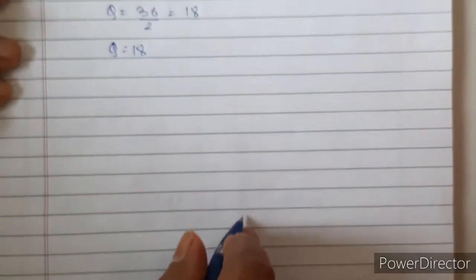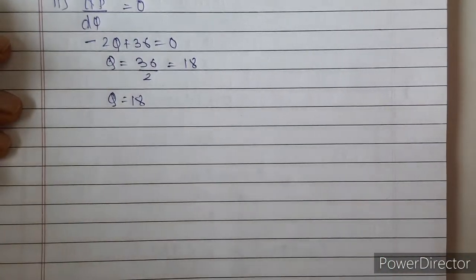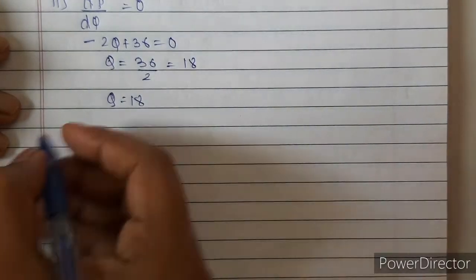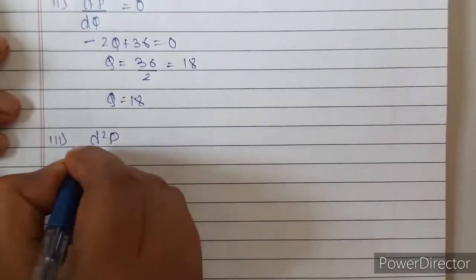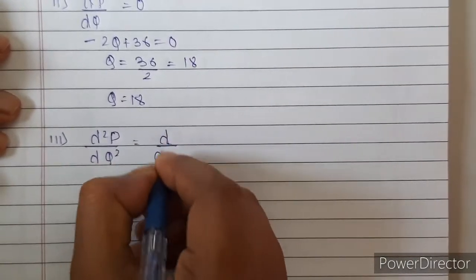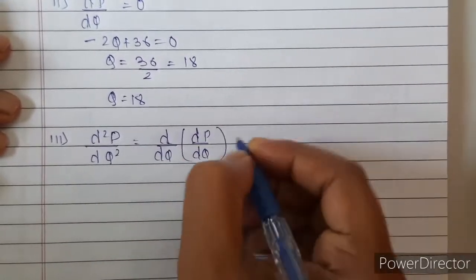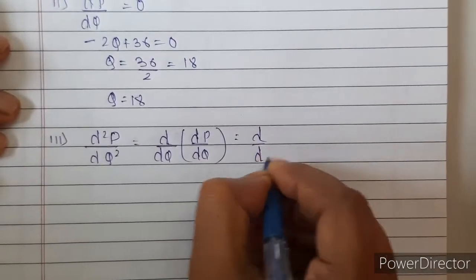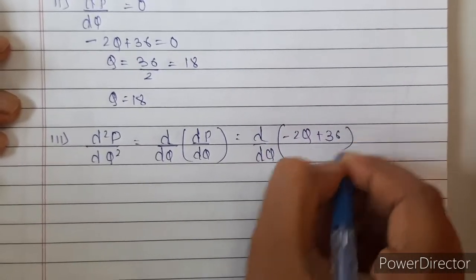Now we have to check whether we are getting maximum profit or minimum profit at this particular output. So the third step is to find the second derivative of profit with respect to output, that is the derivative of a derivative. The first derivative of the profit function is minus 2Q plus 36.